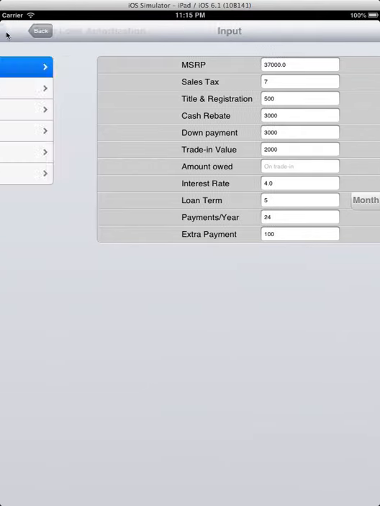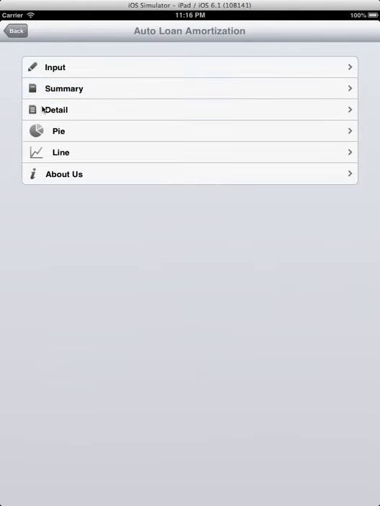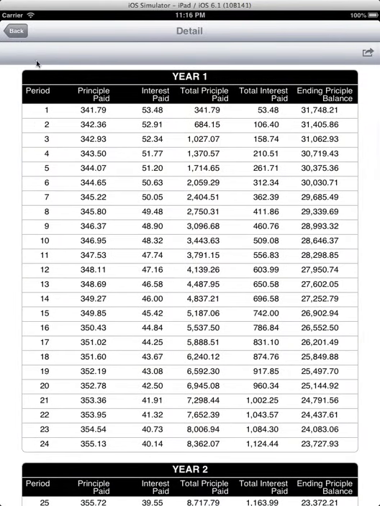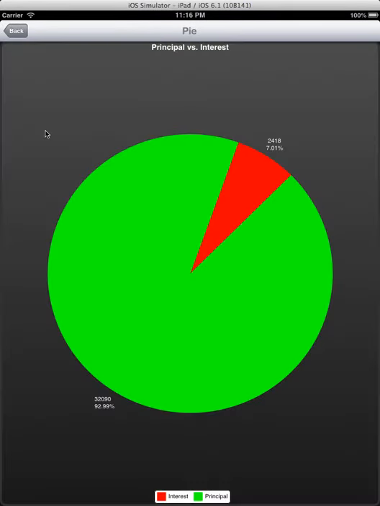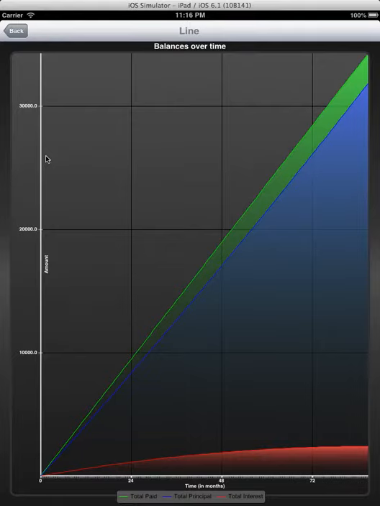Okay, this is the input, and here is the summary, and you can actually print and email the result. And then again, here is the summary, and here is the detail year over year, and the pie chart of the loan interest versus principal. Here is the line graph of various balances: total paid, total principal, and total interest.